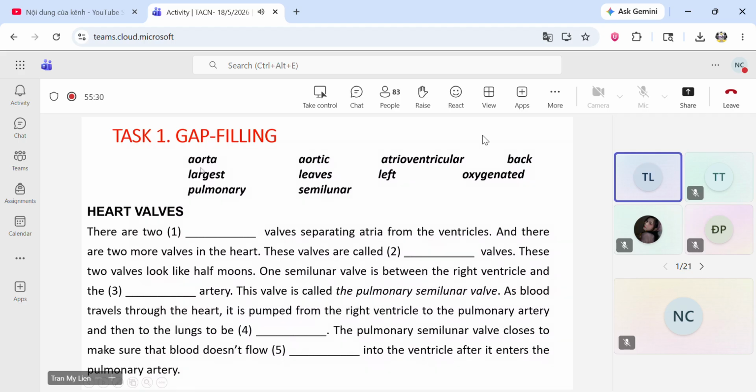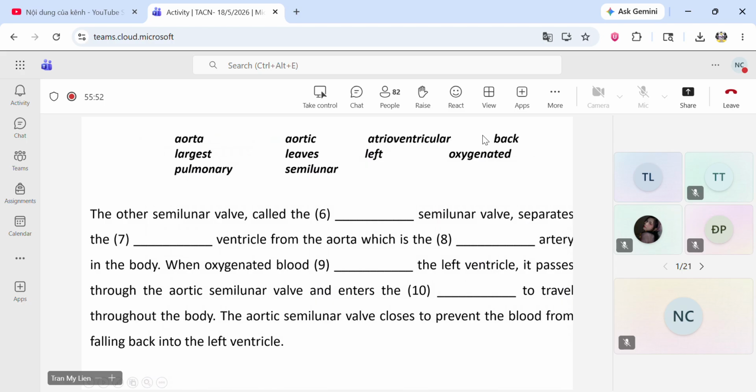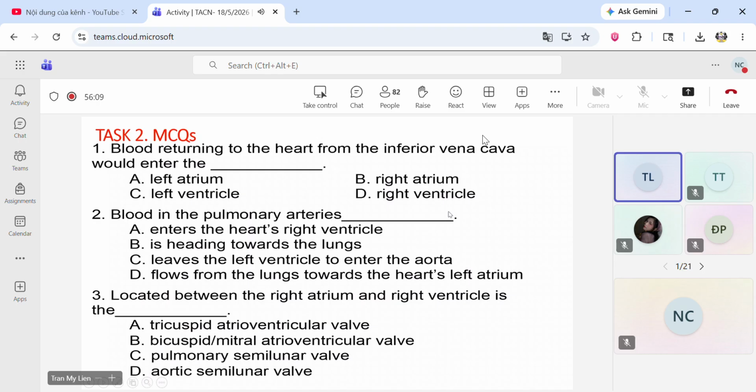Use the words in the box to fill in the blank. Task 2. MCQ questions.